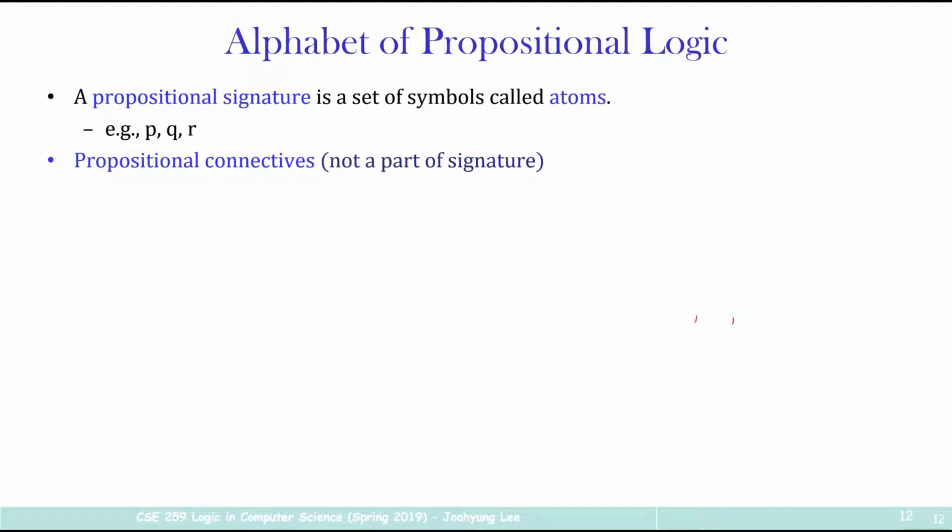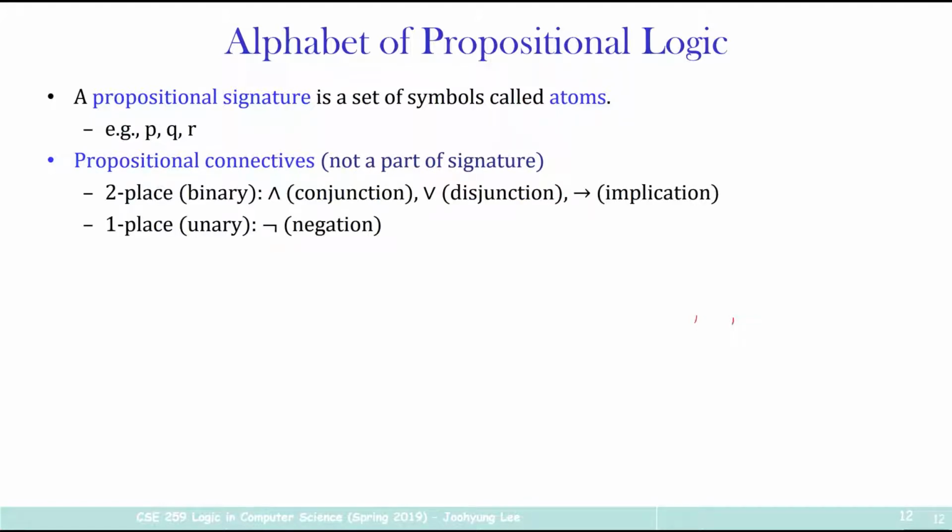The next one is called the propositional connectives. Note here that these connectives are not part of the propositional signature. The propositional signature is like P, Q, R, but the connectives are distinct from those things. There are multiple connectives.